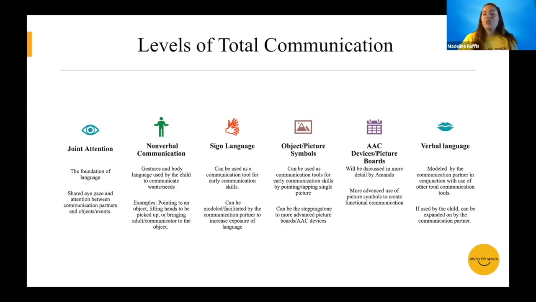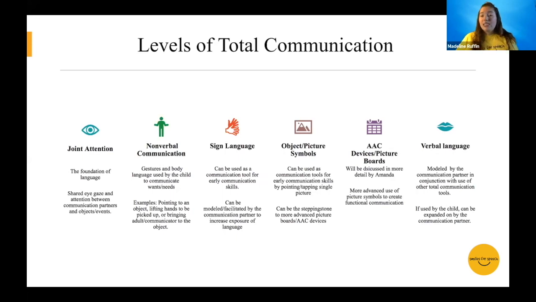This can be used as a communication tool for early communication skills. It can be modeled and facilitated by that communication partner, whether it's a speech pathologist or a teacher or a parent. We can model that and increase the exposure of language, verbal language, signed language, and then even pictures, which also are a different set of language.